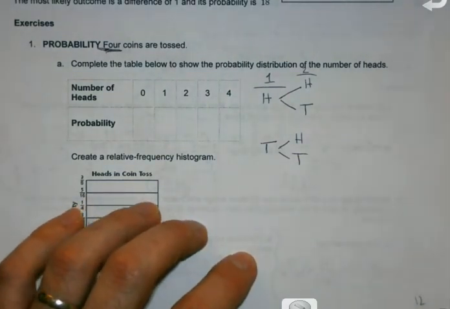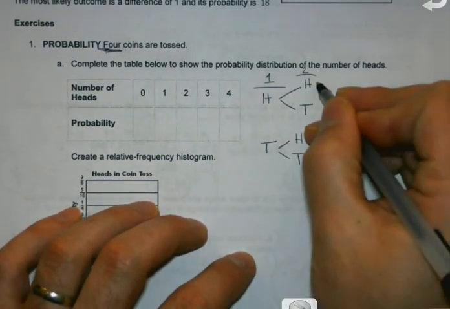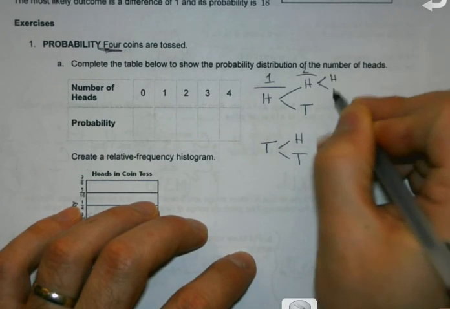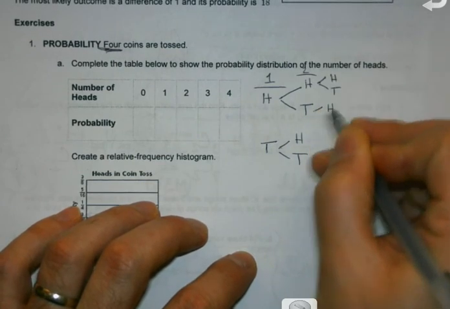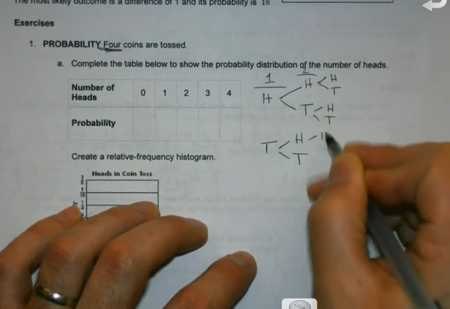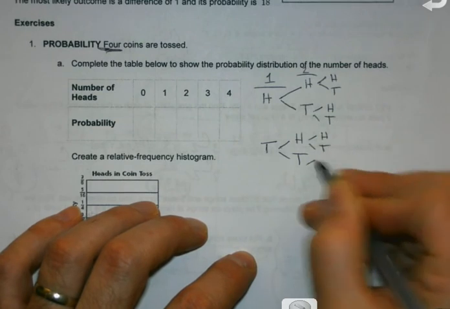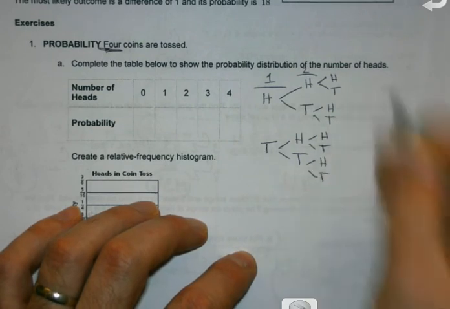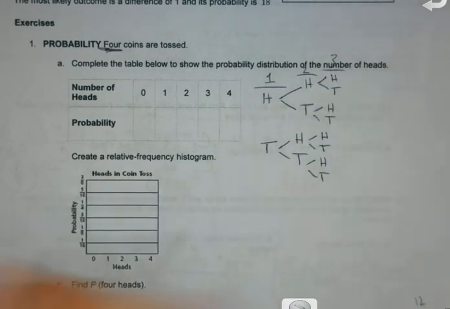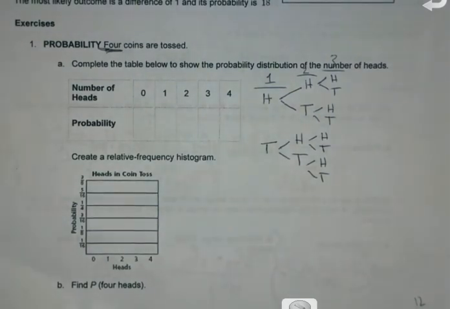So then when I go to my third for each of these, again, I could get heads or tails, heads or tails, heads or tails. Oh boy. Heads or tails. And I'm going to change colors to try and make my mess a little less messy here. Hopefully you started down a little bit further than I did. I'd have been fine otherwise.